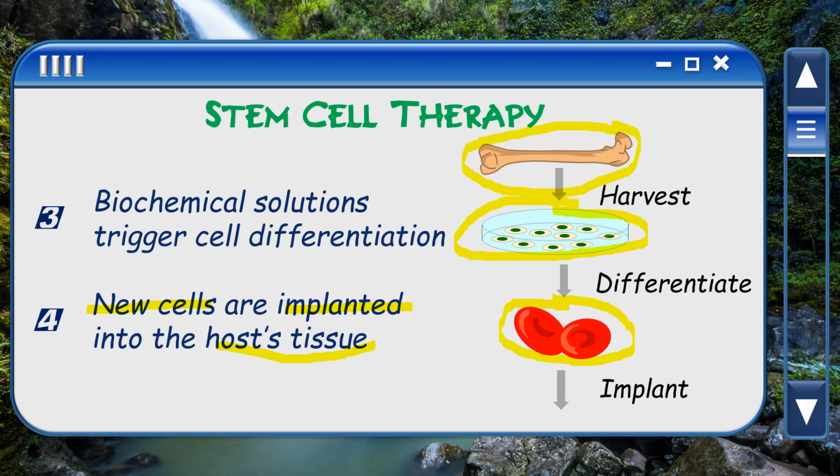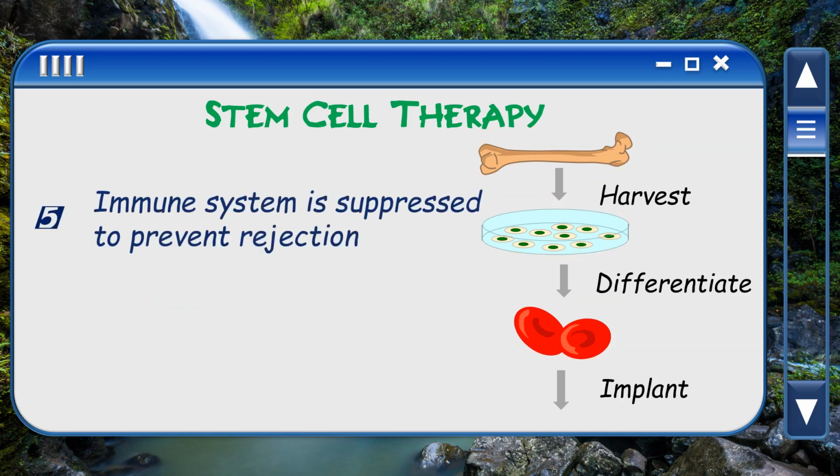So stem cell therapy can help us to replace dead cells or diseased cells. Now, the immune system is suppressed to prevent rejection, because these cells are coming from stem cells from the bones, and you're going to implant them into the host.